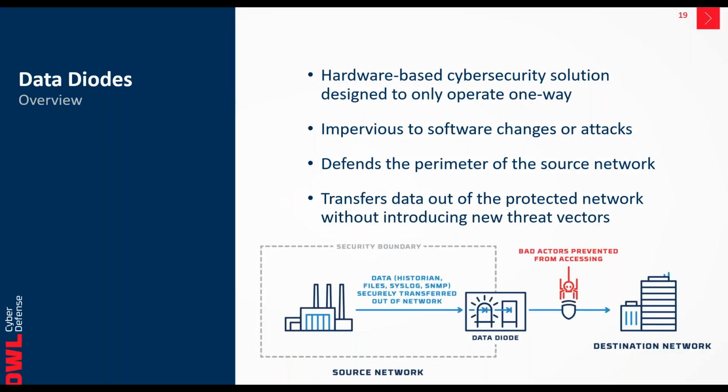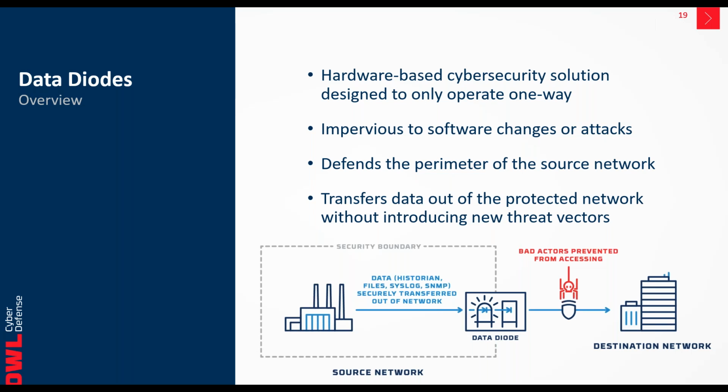Okay. So as I mentioned, the data diode is a hardware-based cybersecurity system or solution. It's designed to operate one way, which makes it impervious to software changes or attacks. It typically sits at the boundary of a source network, whether that be an OT network or an IIoT network, and enforces that unidirectional data flow, providing that security boundary in the source network, again, without producing threat vectors.